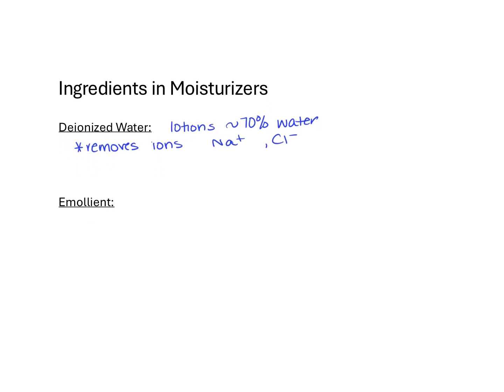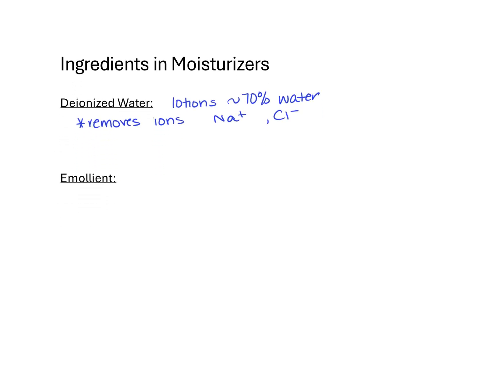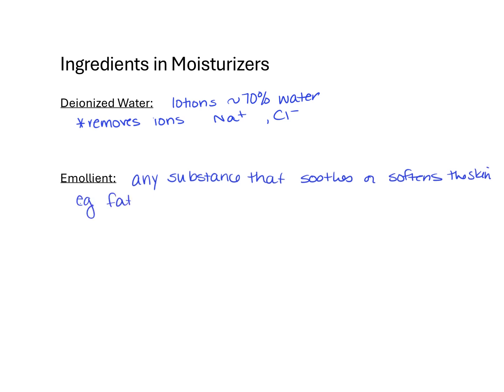The next ingredient in a moisturizer is an emollient. Okay, now an emollient is any substance that soothes or softens the skin, right? So an example is fat and oils, right?